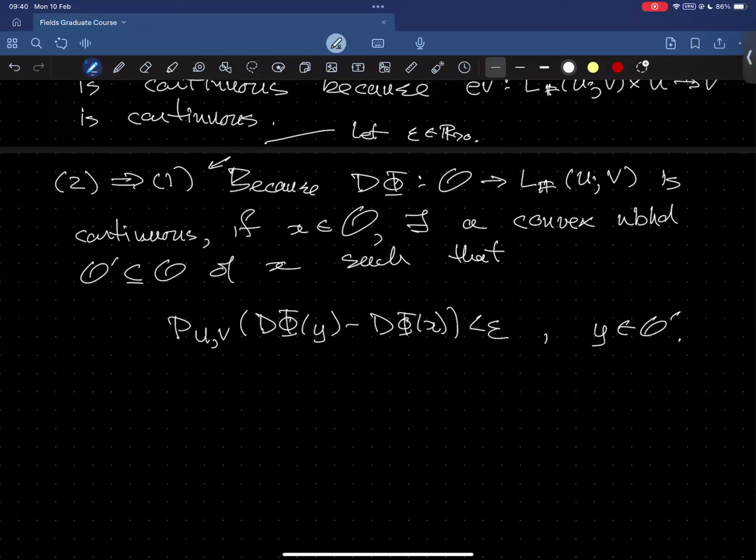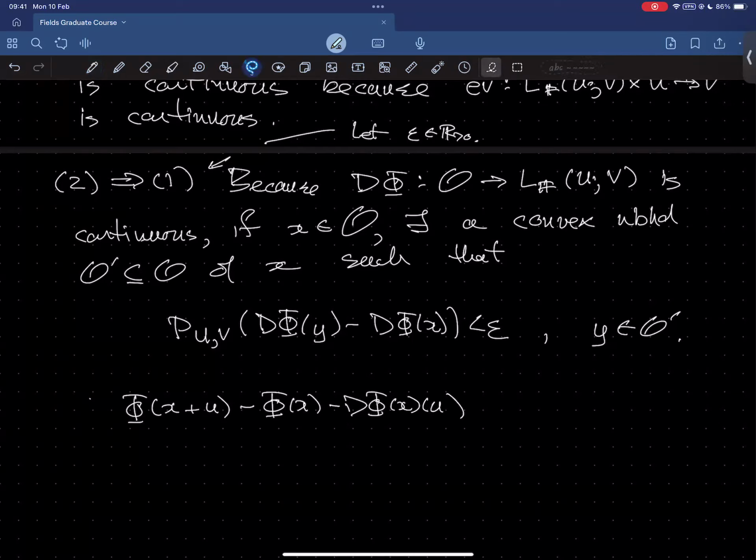So now, remember what I want to do is show that I have the remainder equality. So what I'm going to do is write down the remainder, and then perform some estimates on it. The remainder is phi of x plus u minus phi of x minus d phi of x of u.